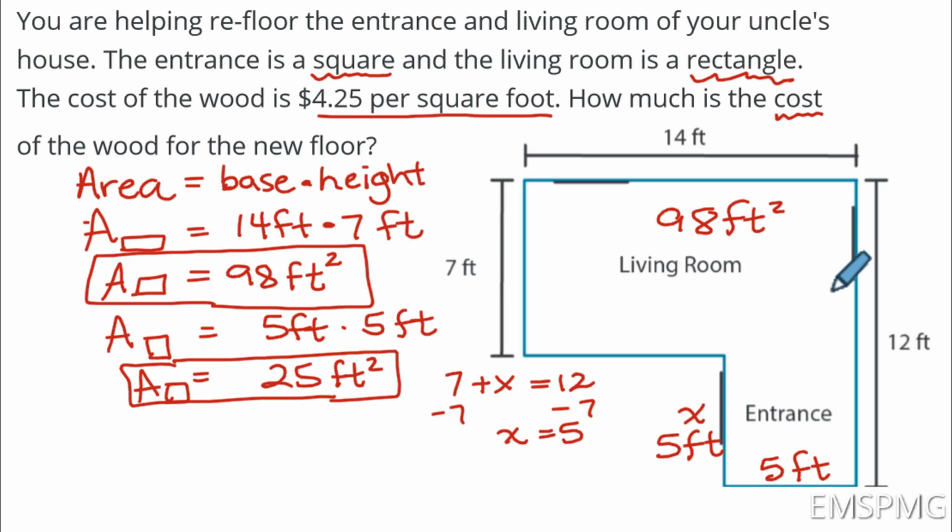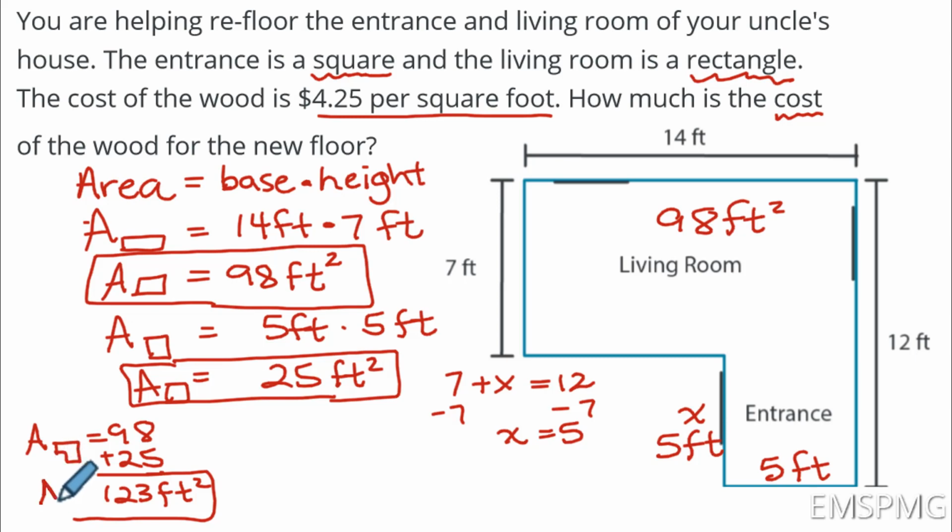And in math, if I want to find everything put together, I'm going to add these two things up. So the area of my entire shape, of my L shape, this is going to be 98 plus 25, which is 123 feet squared. Okay, so this is my area for the entire figure.